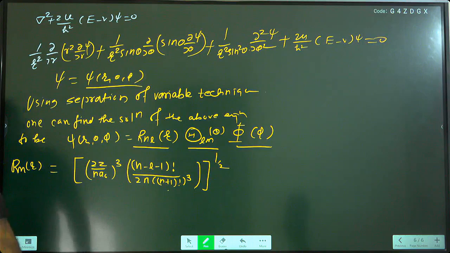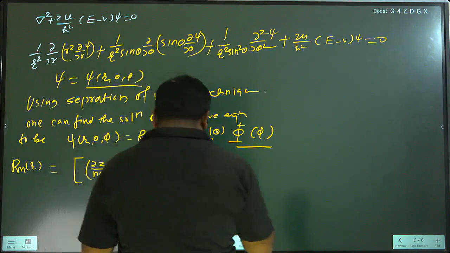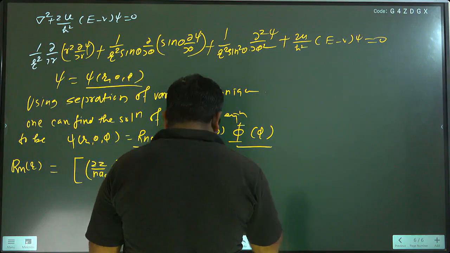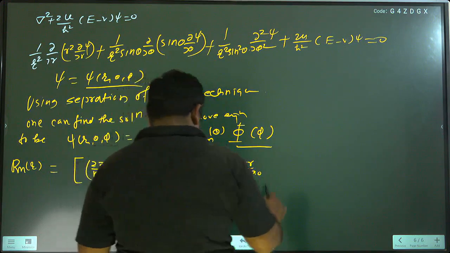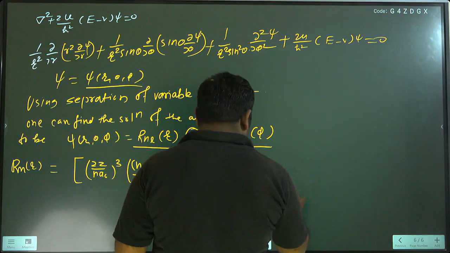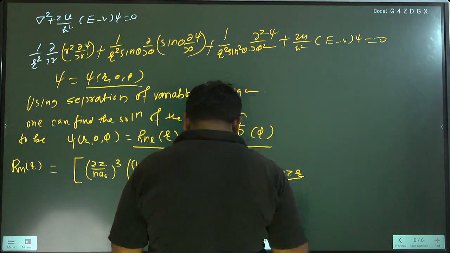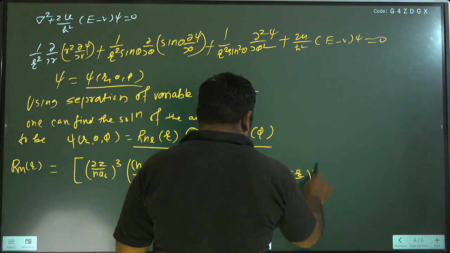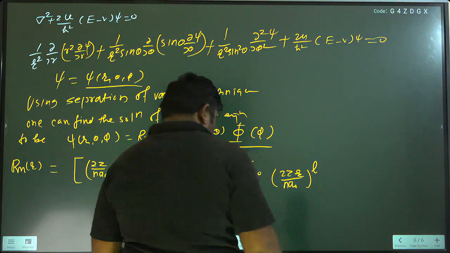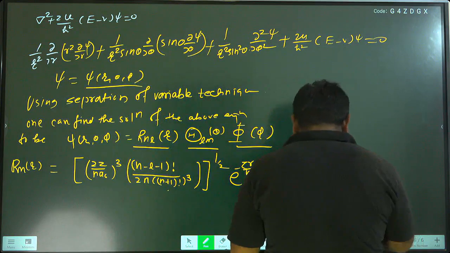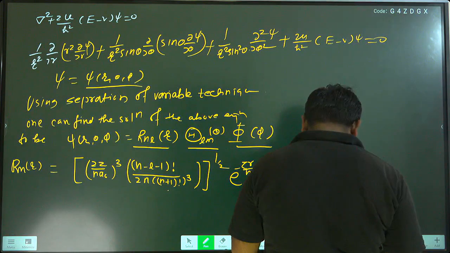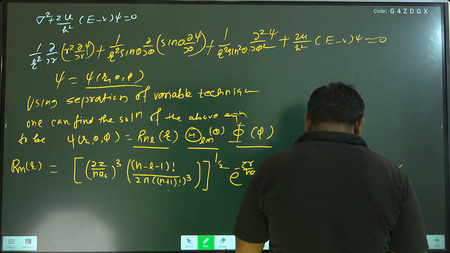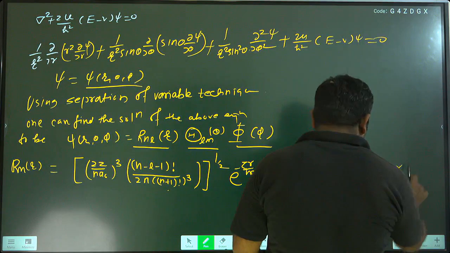Okay, into e to the power, exponential part, e to the power minus zr upon n a naught, into 2zr upon n a naught bracket is to l into capital L bracket is to 2l plus 1, okay, into 2zr upon n a naught, okay.